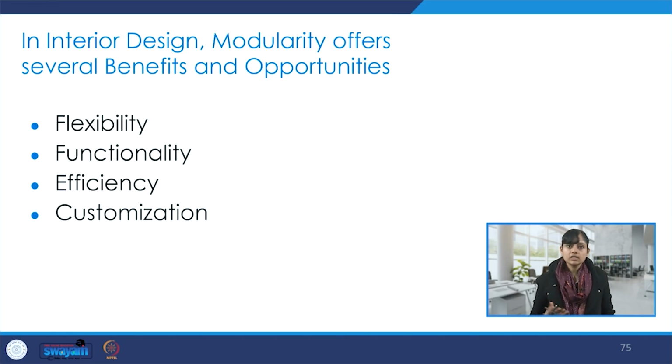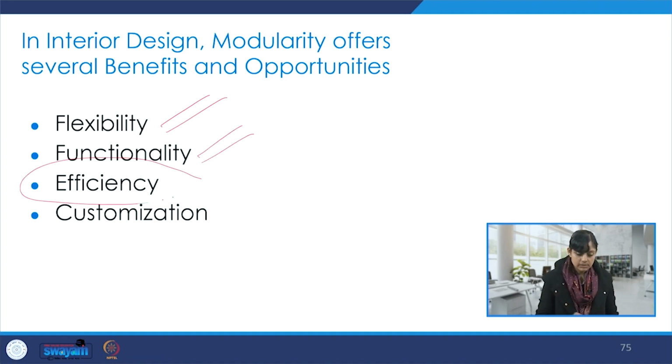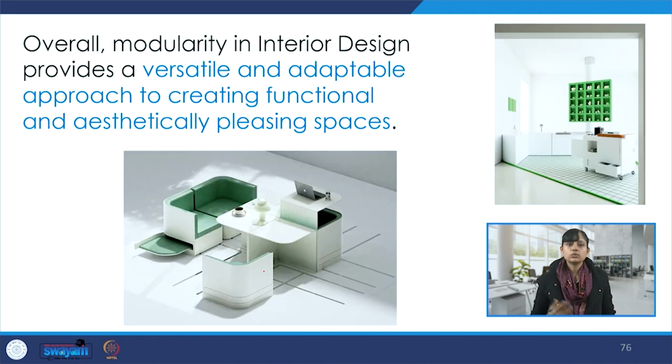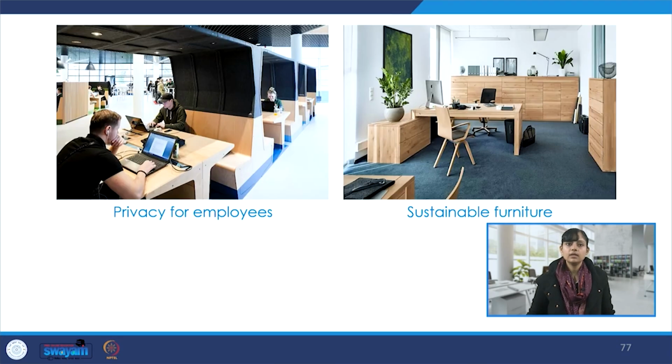And then we discussed the benefits and opportunities that modularity offers in interior design. And of course, the flexibility it offers, the functionality it ensures, the efficiency it brings along, and the possibilities of customization it opens up. So, the importance of modularity with some images and examples is what we saw in detail.